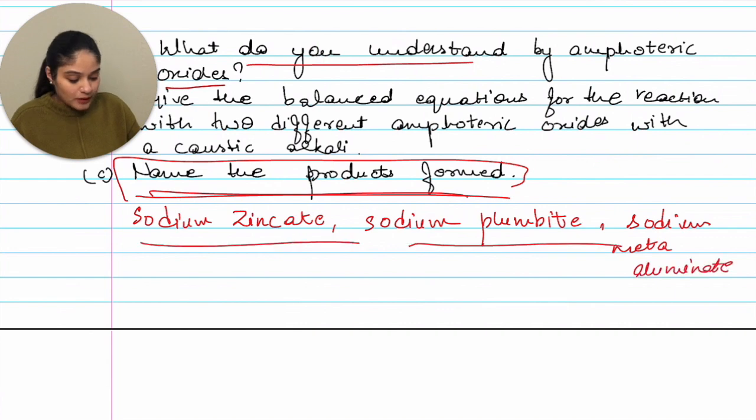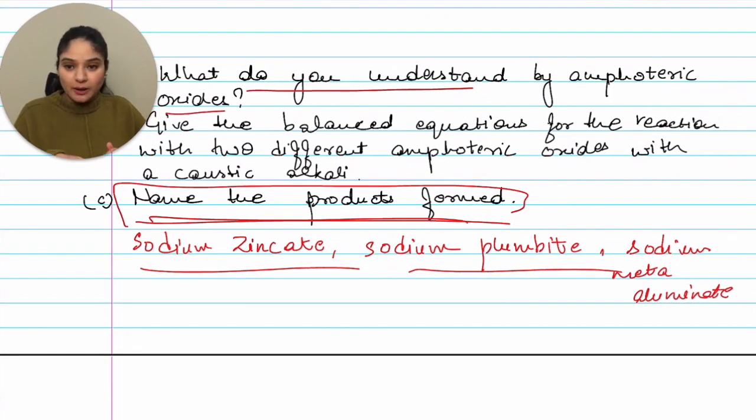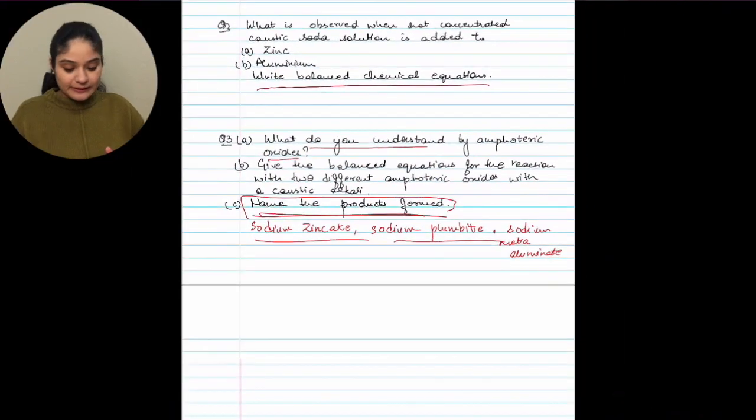Now these are the answers. These answers will be directly based upon what equation you're taking up. If you're taking NaOH, then you take sodium. If you're taking KOH, then take potassium. So these answers are directly related to what equations you're using. I hope that makes sense.